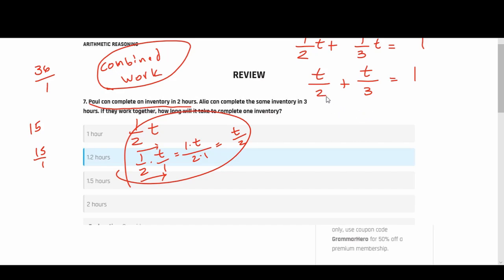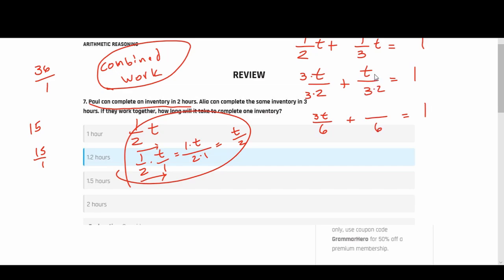Okay, now we just have to put these fractions over a common denominator, which is going to be 6, so we can add them together. 2 goes into 6 3 times, so I have to multiply this by 3 to make this denominator 6. What I do to the denominator, I do to the numerator, so this is 3t. 3 goes into 6 2 times, so I have to multiply this by 2 to get 6.